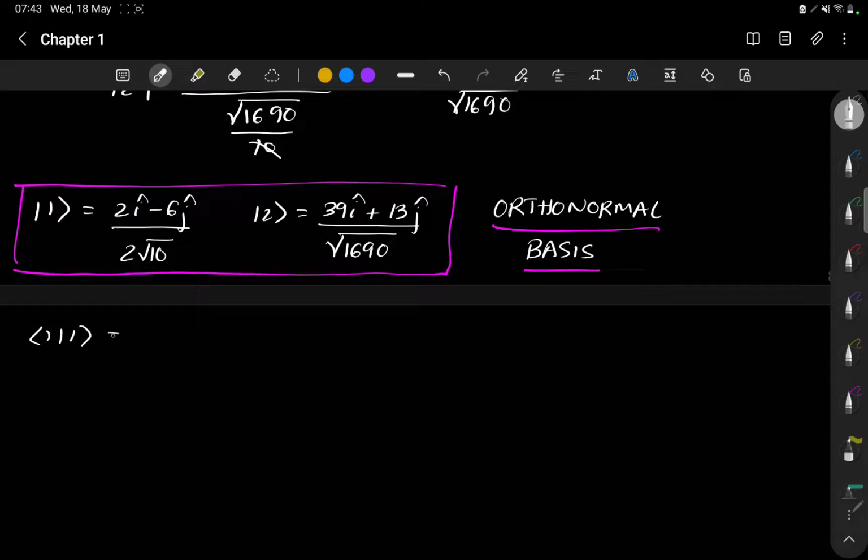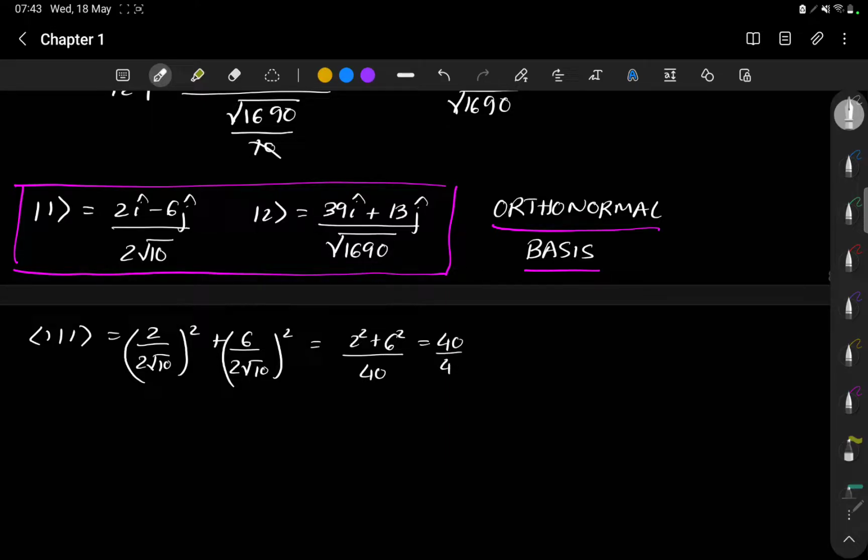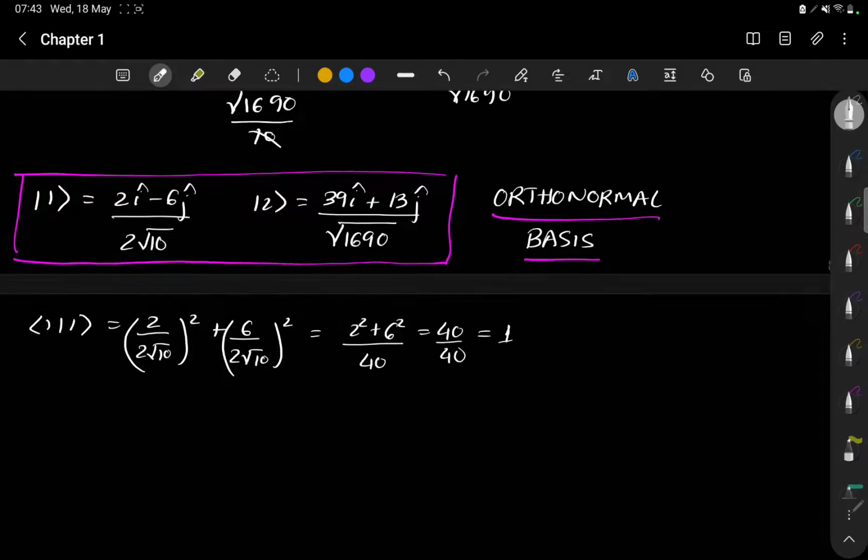The magnitude of 1 is the magnitude of the first vector, the dot product of the first vector with itself, and this is 1, so it is of unit magnitude, the first vector.